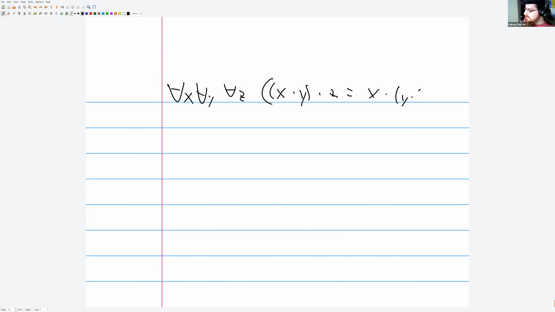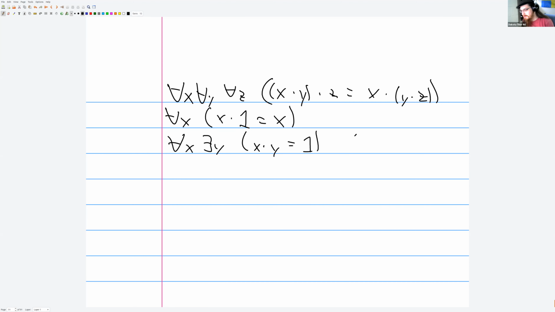And then for every x, x times 1 equals x. And then for every x, there exists a y such that x times y equals 1. So these are the axioms of group theory.